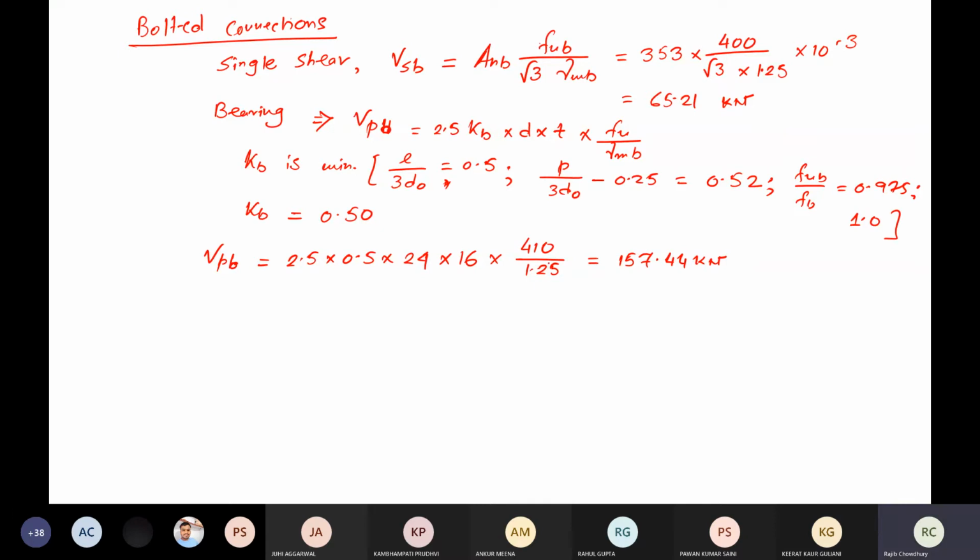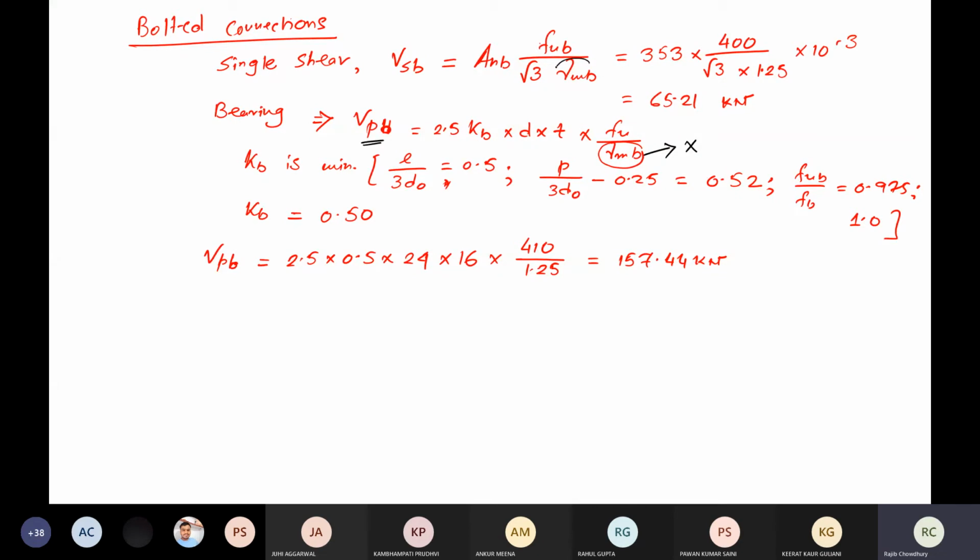See, if we are not providing any factor of safety, that means it becomes your nominal. When we are dividing by any factor of safety, that becomes your design.